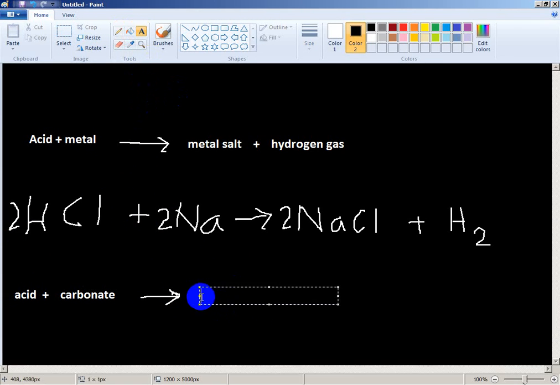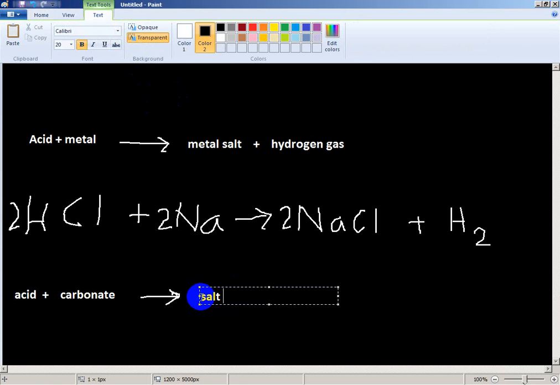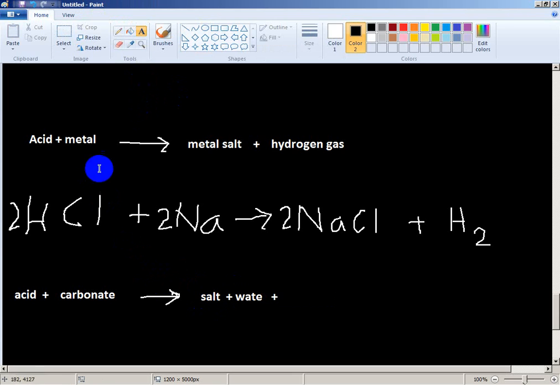It forms salt, water, and a gas is formed. Do you know this? What is the name of this gas? When acid reacts with metal, which gas is formed?